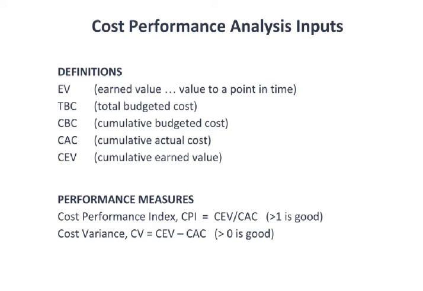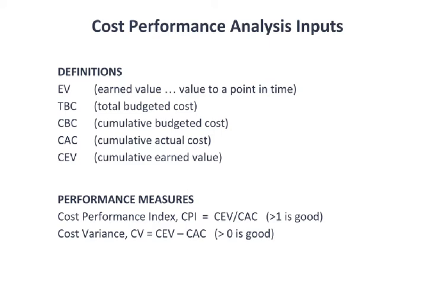Let's say an activity costs $10,000. Let's keep the math easy, $10,000. And let's say we've spent $2,000 so far. Or the budget says that we've spent $2,000 so far on that particular activity. So we've spent $2,000 out of $10,000. So we've spent 20% of the money.